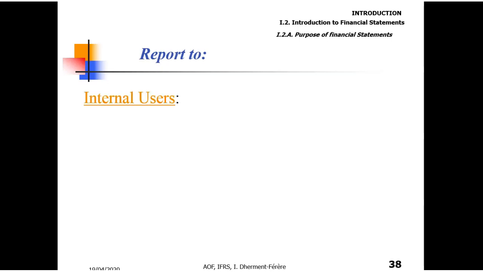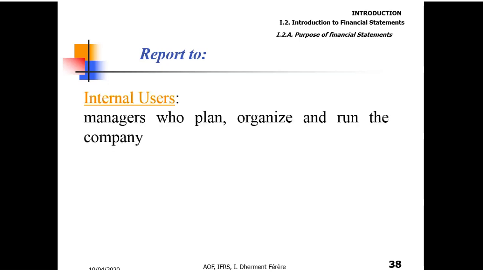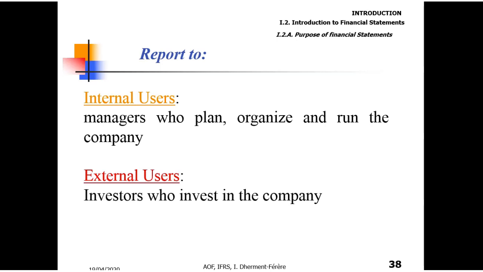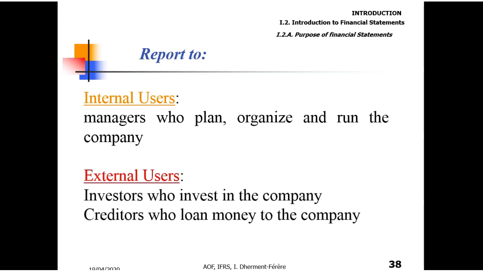Report users are internal users, managers who plan, organize, and run the company, or external users, investors who invest in the company, and creditors who loan money to the company.